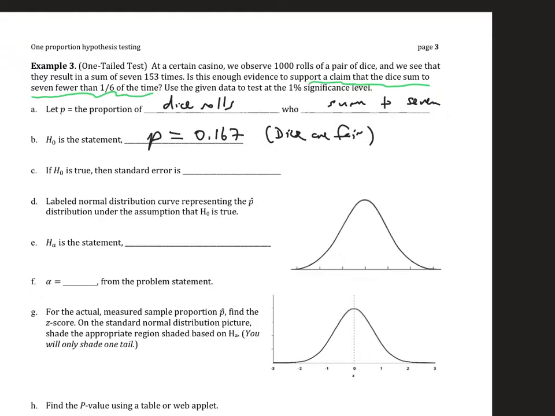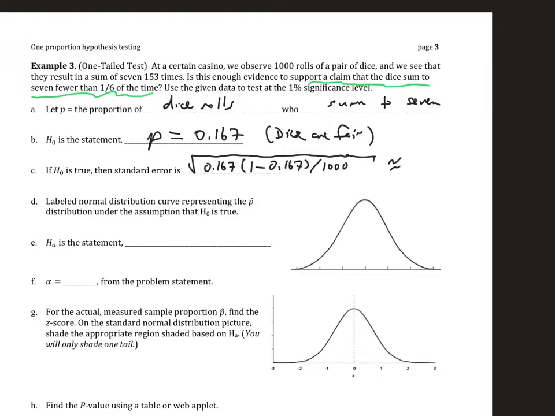If that were true, then we could do a standard error calculation using that value of P. And so this is that same formula divided by sample size. In this case, we intend to roll the dice 1,000 times.